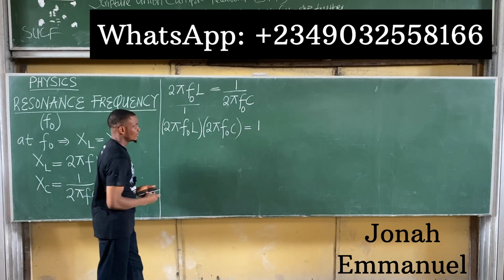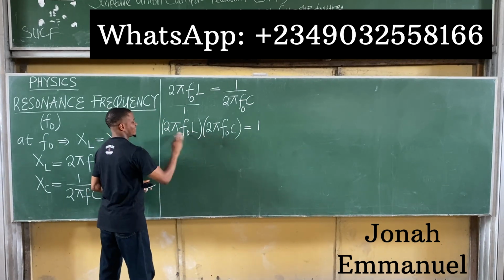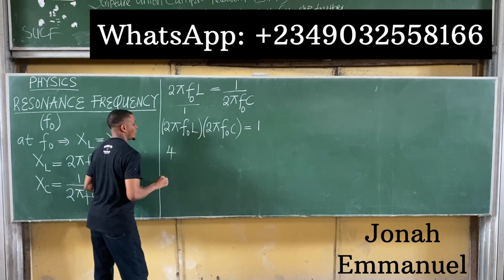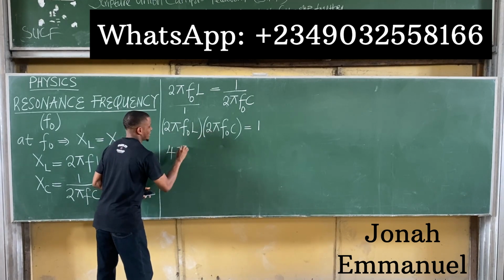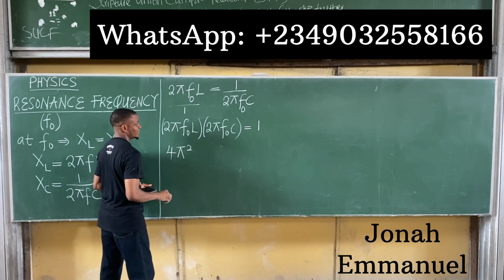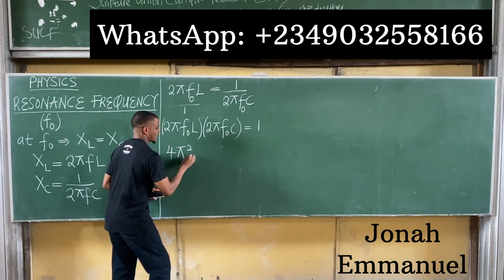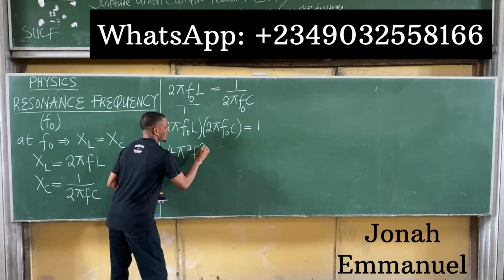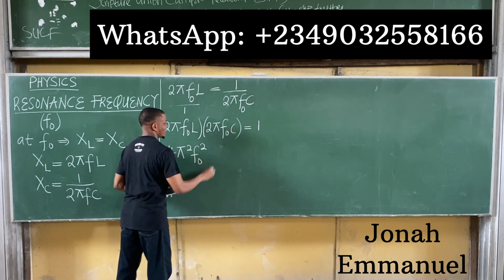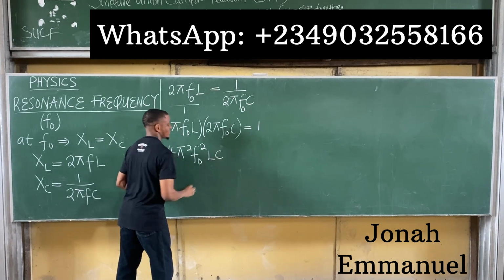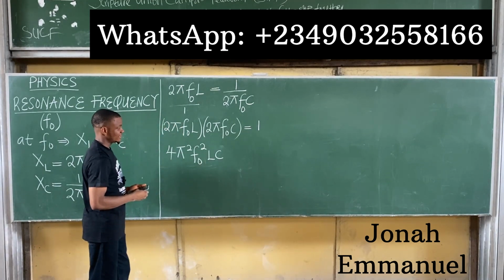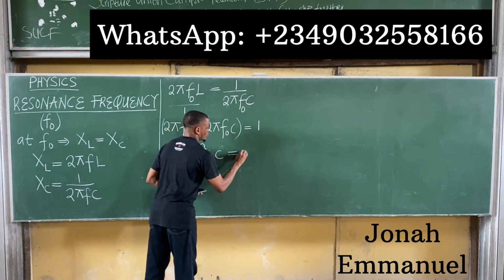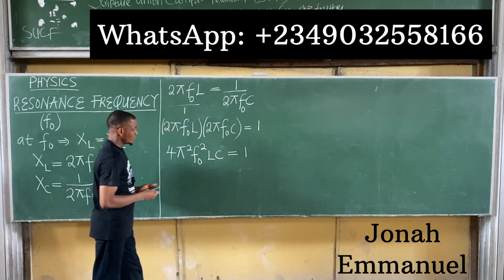If I expand this bracket here, I'm having 2 times 2, that gives me 4. Pi times pi, that gives me pi squared. F naught times F naught, that gives you F naught squared. L times C is LC. So this is equal to 1.